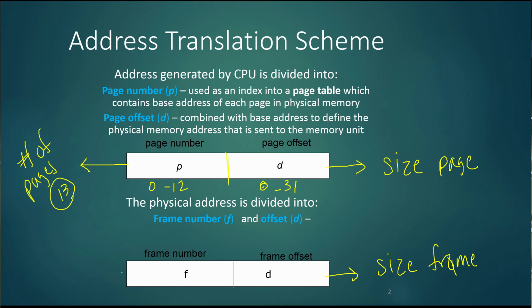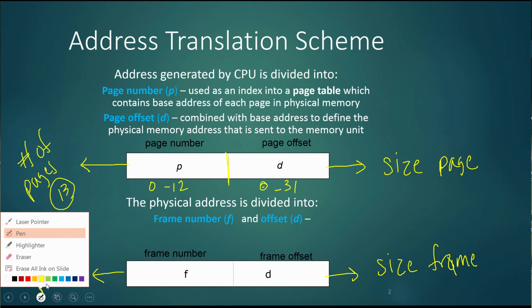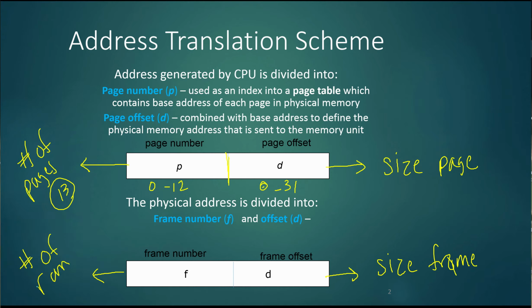And here is my frame. This is the number of frames, which in this particular example, we have 16 frames. So the frame number is going to be between 0 and 15, and the offset is going to be between 0 and 31.